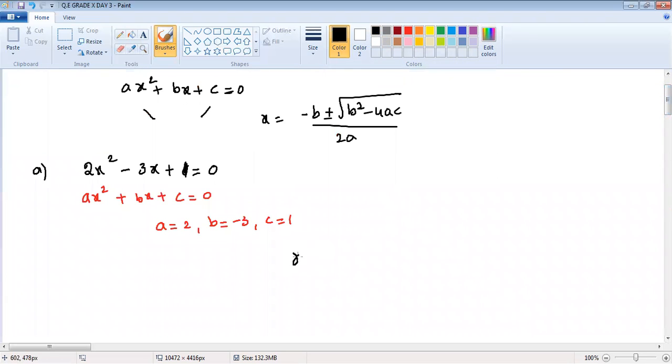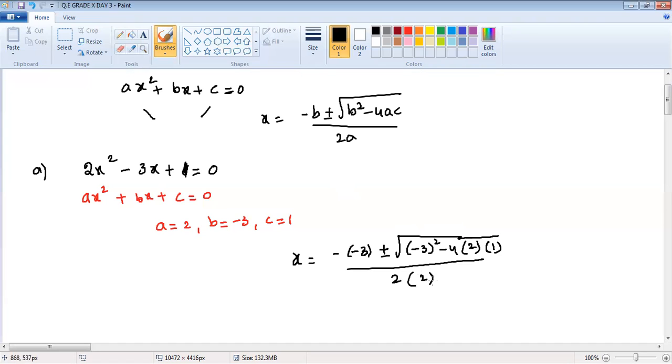Then x is equal to minus b, so minus of minus 3, plus or minus root over b square, which is minus 3 whole square, minus 4 into a for 2, c for 1, divided by 2 into a for 2. Then x is equal to 3 plus or minus root over 9 minus 8, divided by 4, so 3 plus or minus root over 1 divided by 4.